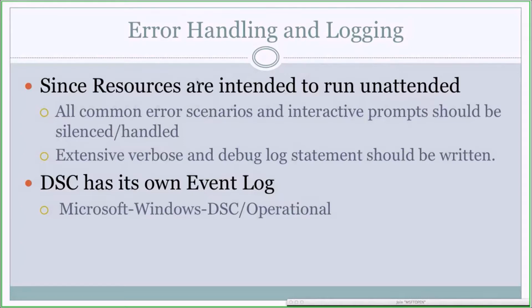DSC is not guaranteed to be ordered. There is no order guaranteed in the resources that you define. There is a meta property that every DSC resource has called DependsOn. If you need something to run before a particular resource, you have to explicitly say so.